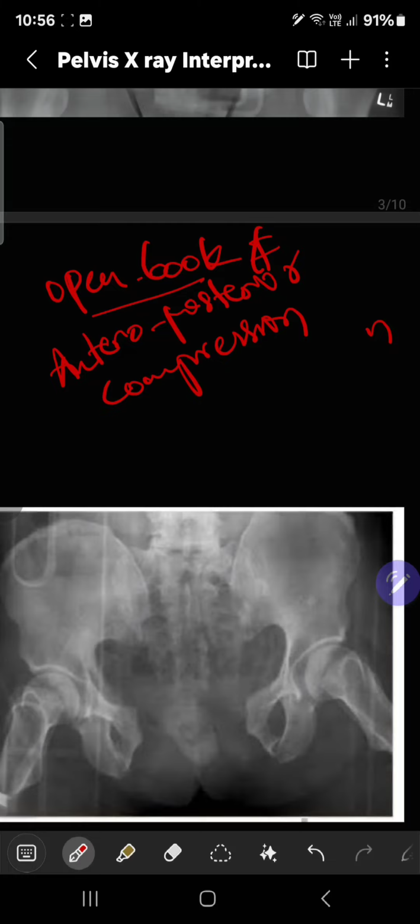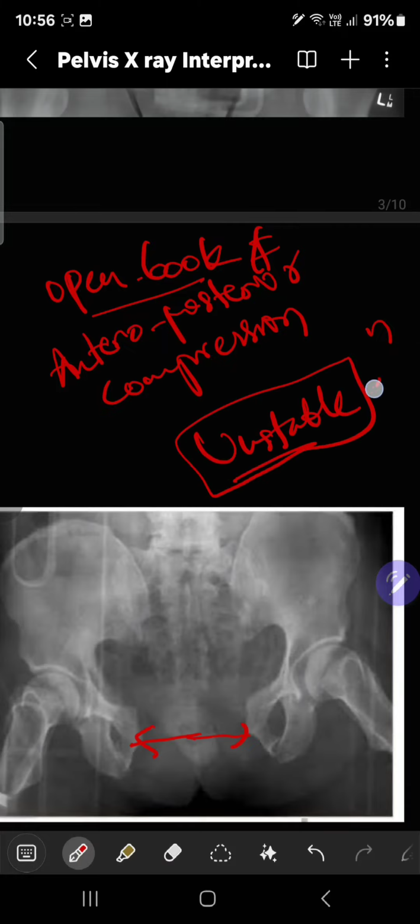What happens in this fracture is that there is a large gap at the pubic symphysis. This is an unstable fracture, a highly unstable fracture, because of this separation of the pubic symphysis.